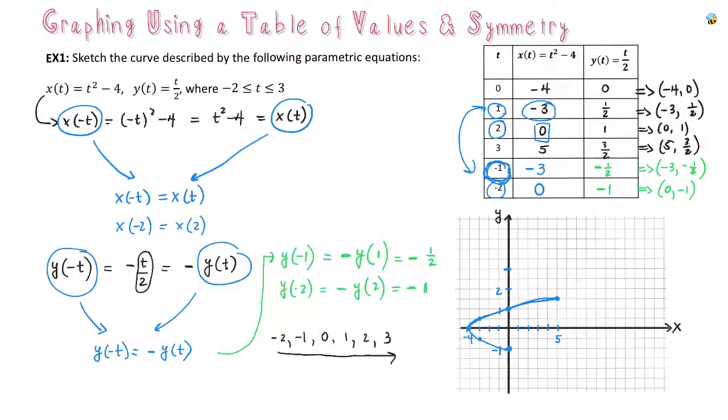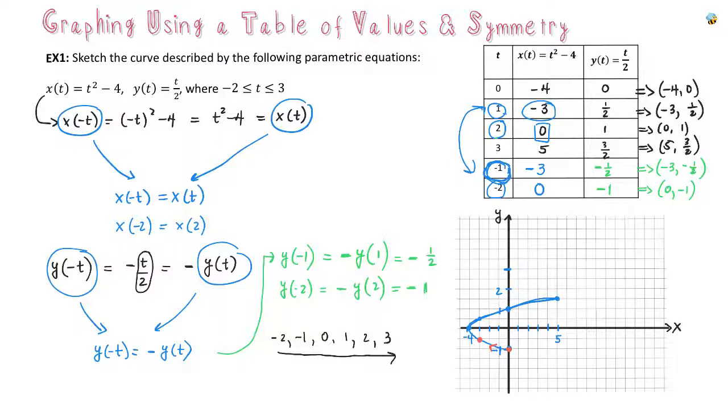And let's see what happens here. When t is -2, so this is practically going to the bottom of my table, I am right here at (0, -1). Then when I transition to t = -1, my point moves to (-3, -1/2). So look at this, I already went in this direction. In fact, let me put a little arrow. I went from here to here.